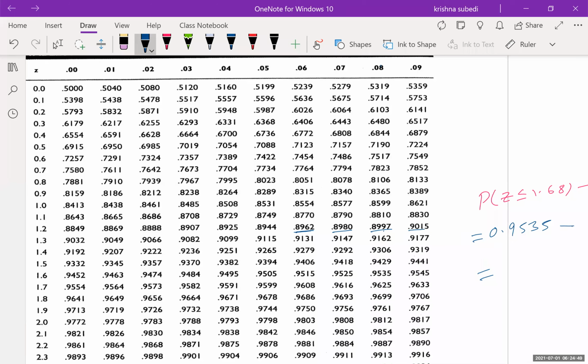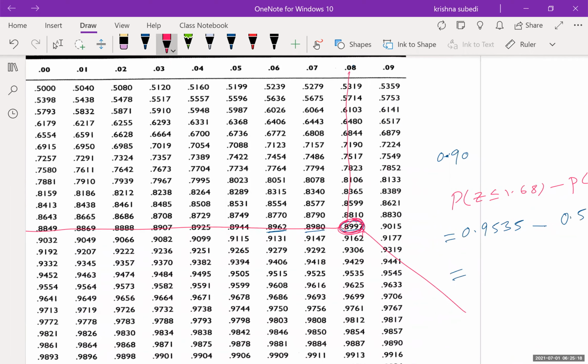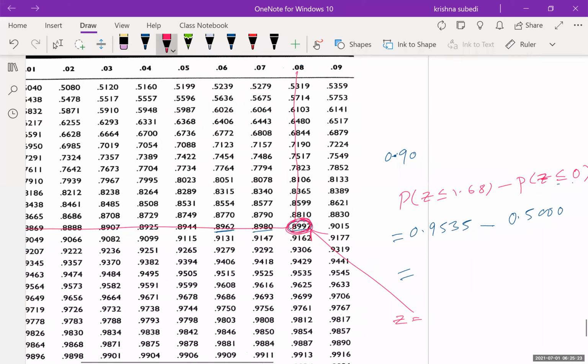Which one is closer to 0.90? We're looking for an approximation. I believe this one is closer because there is a difference of just 0.0003. So this is the closest value in the table, and the Z value for that is 1.28.